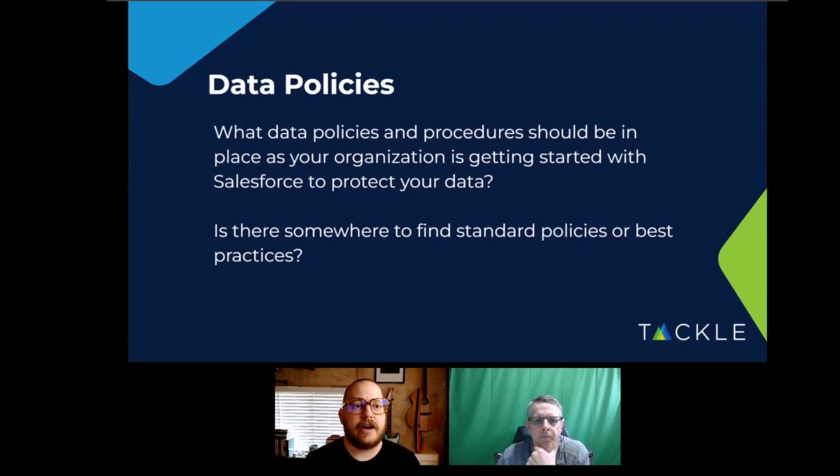For example, we have a lot of clients who are using Salesforce for both fundraising and programs. And usually the fundraising folks want to make sure that their relationship data, especially with major donors, is somewhat private, right? Not the whole organization can necessarily access that, but also people managing programs don't necessarily need to access that information.